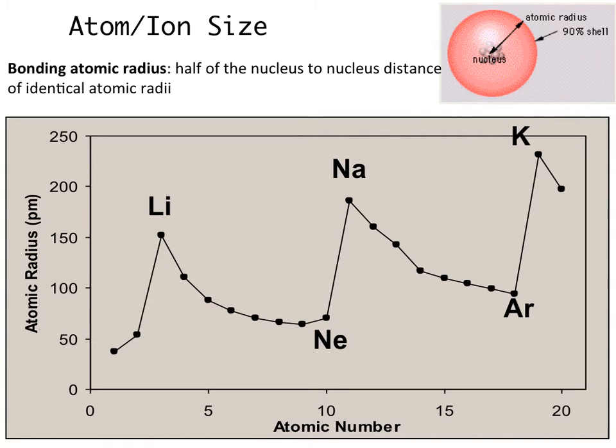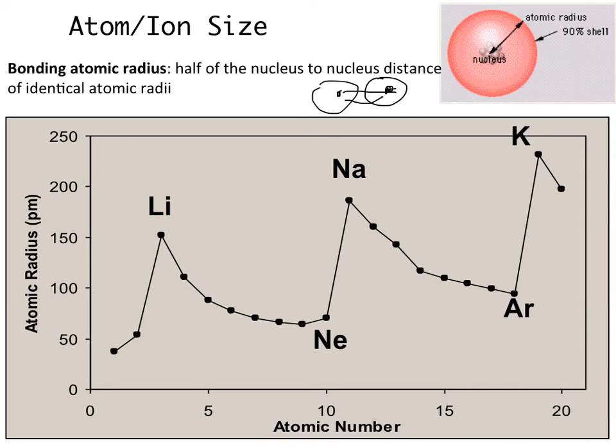So atom and ion size are basically calculated from bonded materials. The bonding atomic radius is half of the nucleus to nucleus distance of identical atoms. So if we're just looking at atom size, we're getting that by measuring basically half of the nucleus to nucleus distance.